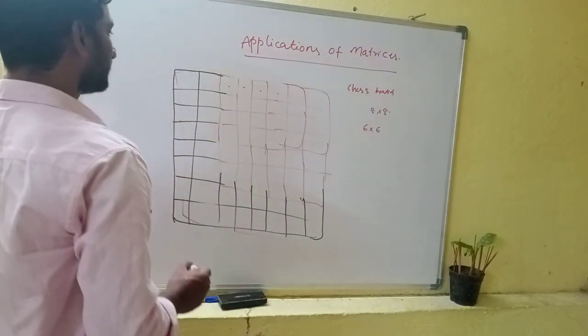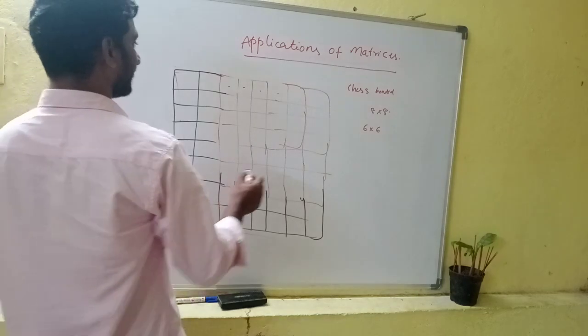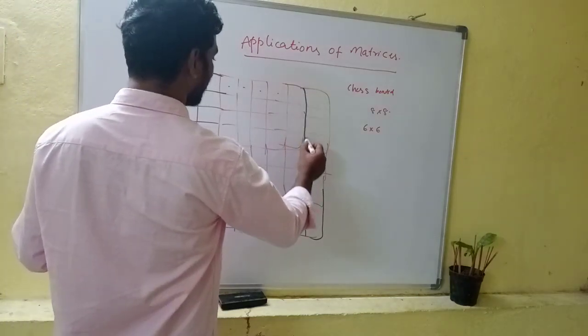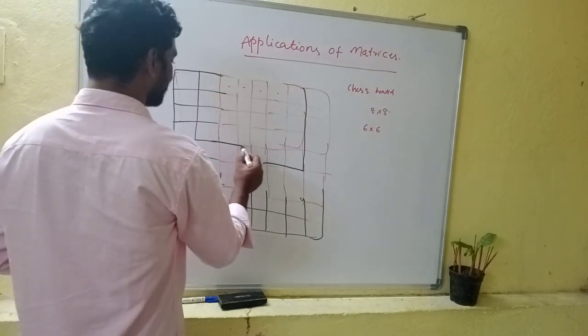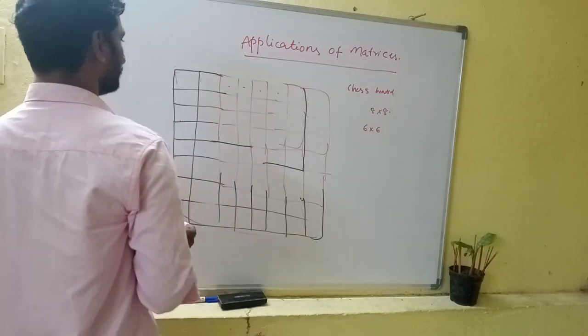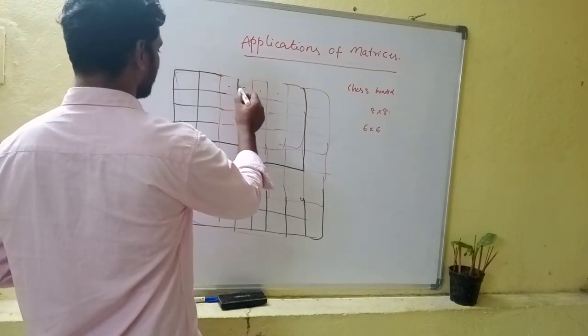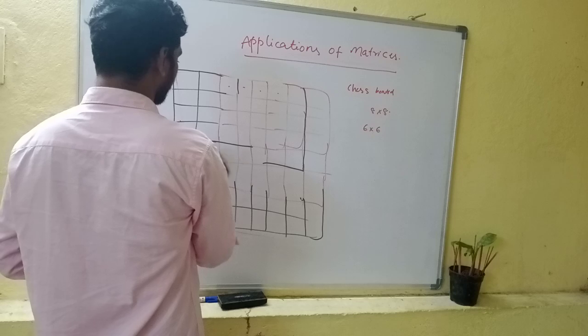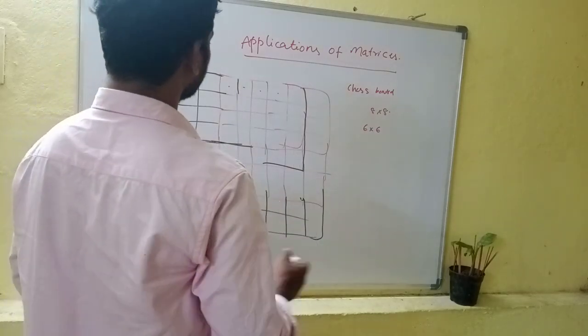This concept applies in probability also. What is the probability of selecting 6 rows and 6 columns at a time, or this type of questions might be asked in competitive exams. If 4 rows and 6 rows are selected, what is the probability of getting choices?